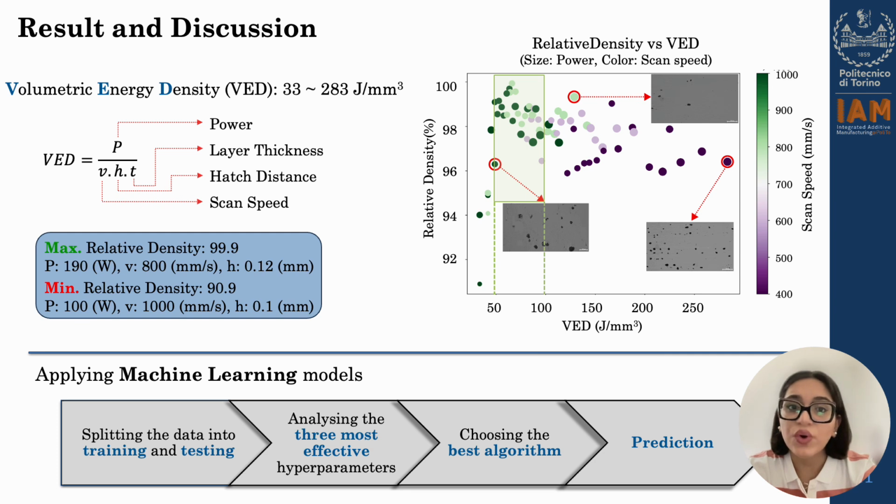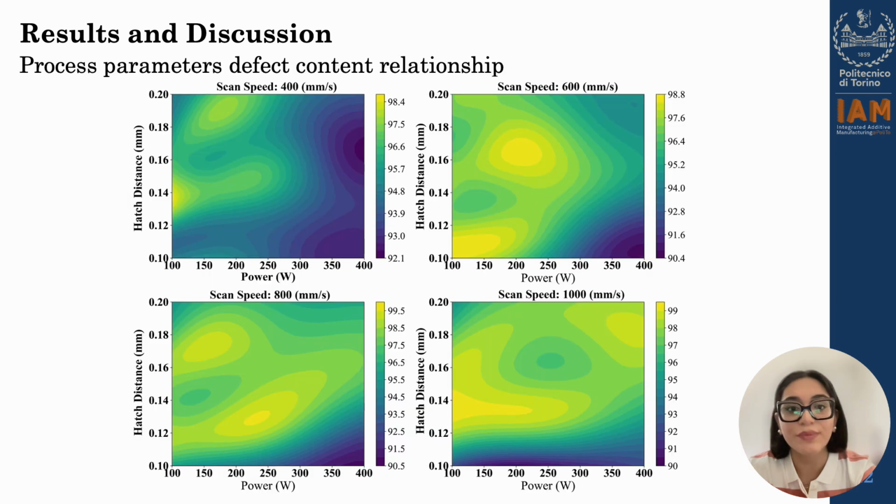Finally, to better correlate process parameters with final relative density, an AI-assisted method through machine learning models was applied. This approach involved hyperparameter tuning and selecting the most accurate model to predict relative densities, which was support vector regression in this study.